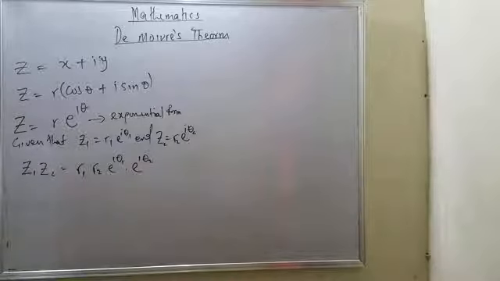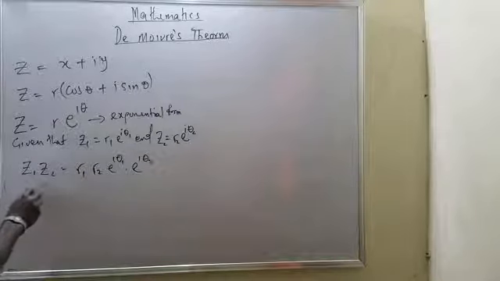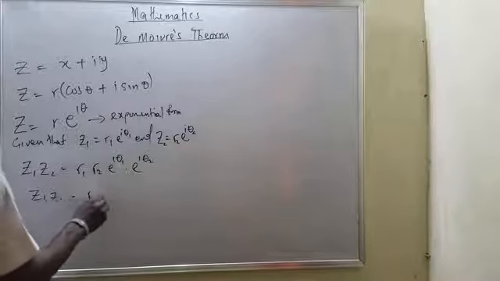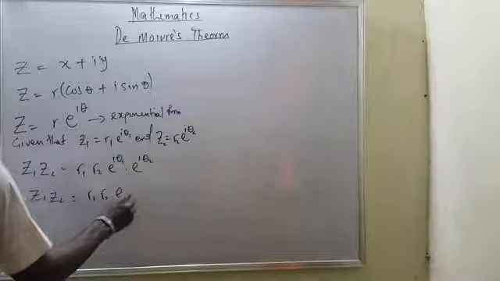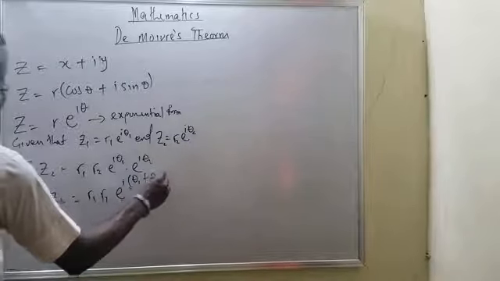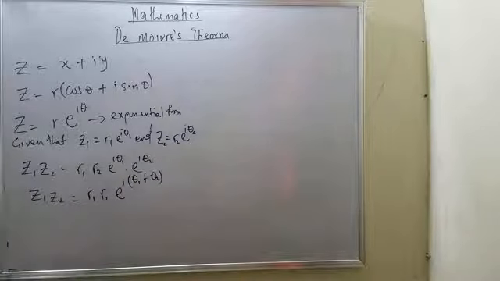With the help of indices, since they have the same base, I can say that z1 z2 equals r1 r2 e raised to the power i bracket of theta 1 plus theta 2.